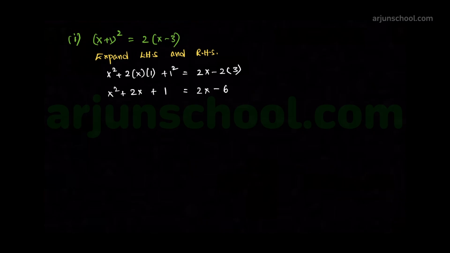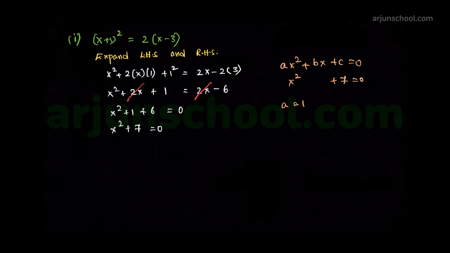We can cancel the 2x on the LHS and RHS and bring minus 6 from RHS to the LHS side. X square plus 1 plus 6 is equal to 0. Therefore, x square plus 7 is equal to 0. Now this is of the form ax square plus bx plus c is equal to 0, where a is equal to 1, not equal to 0.